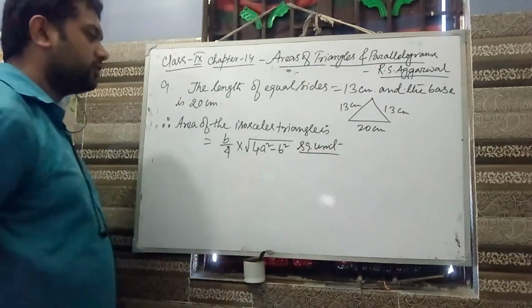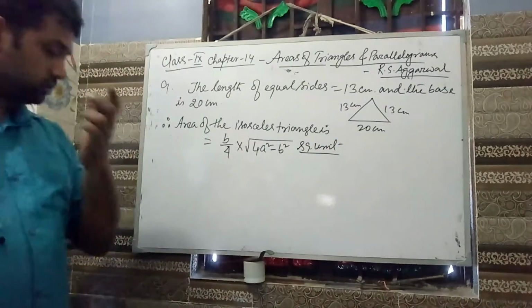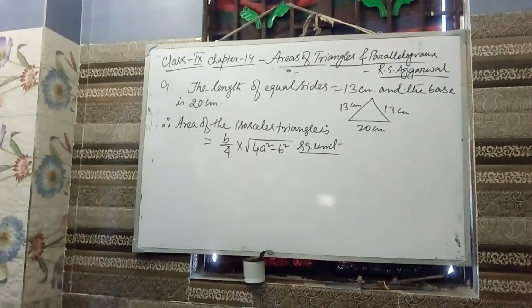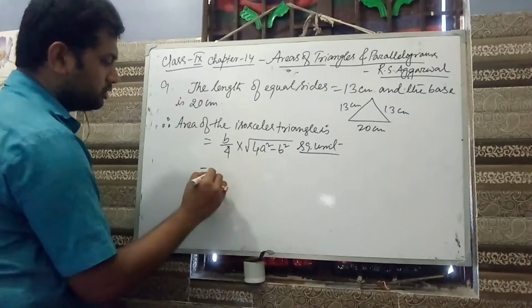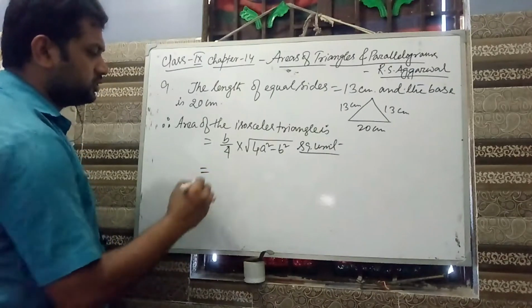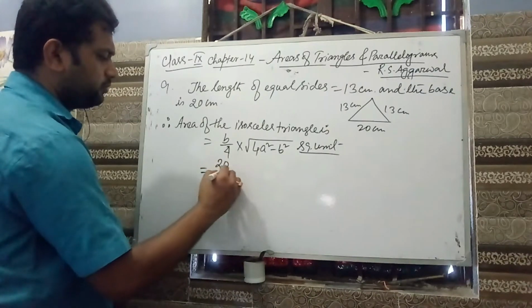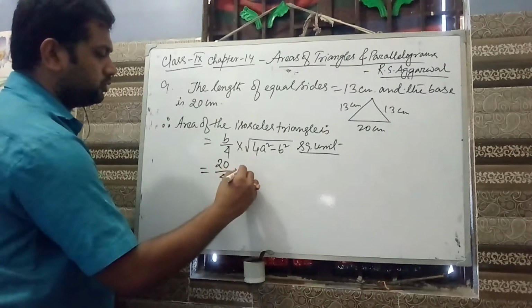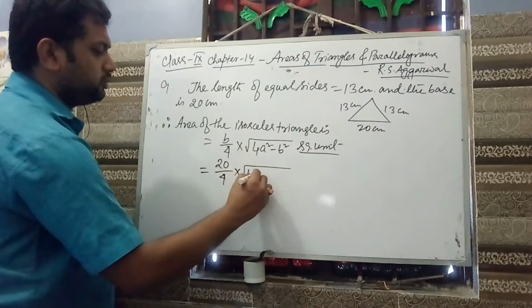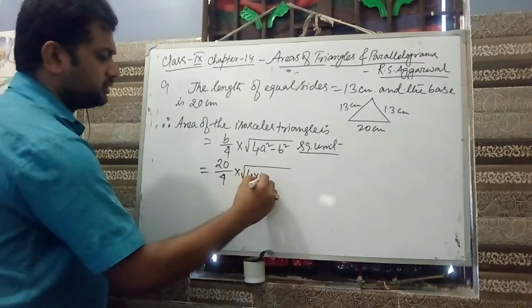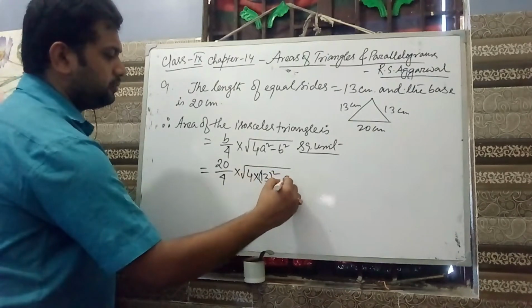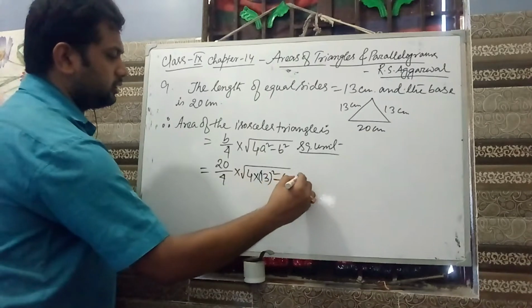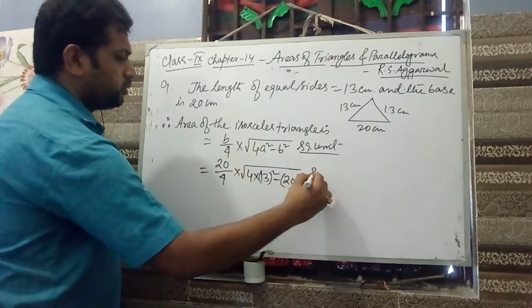Here we will write square unit, and when we put the values of a and b, we will write square centimeter. So put the values of a and b. b is 20, so 20 by 4 into root over 4 into a square, a is 13, so 13 square minus b square, b is 20, 20 square, this much square centimeter.